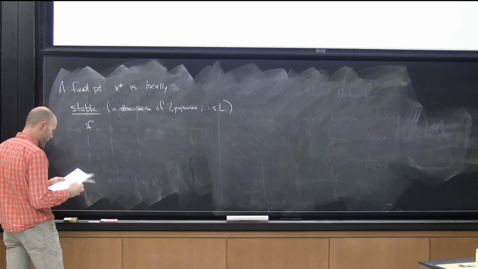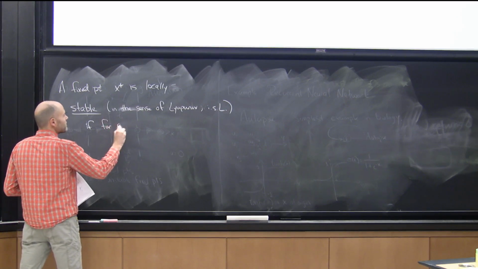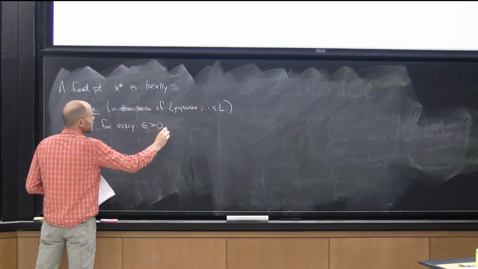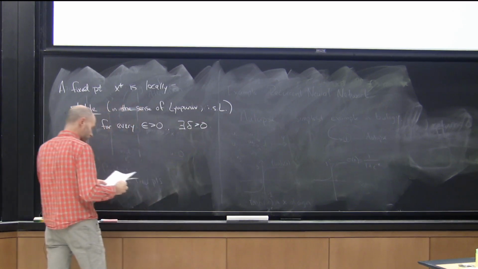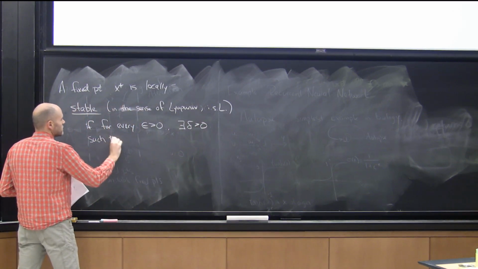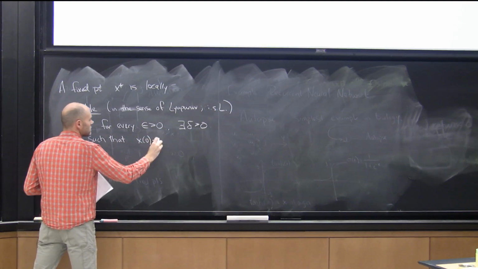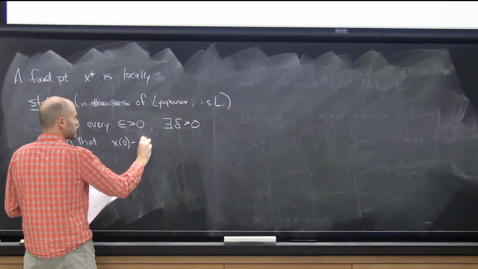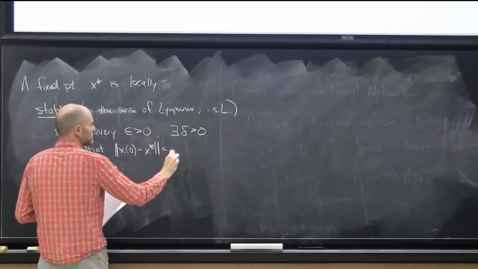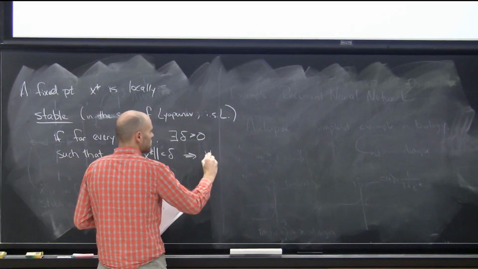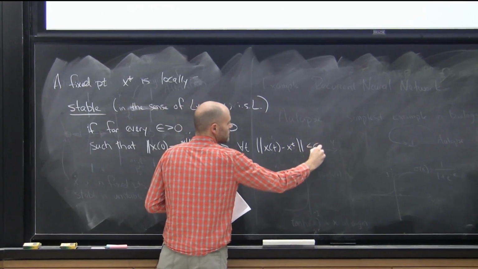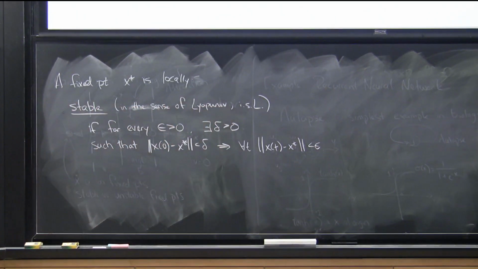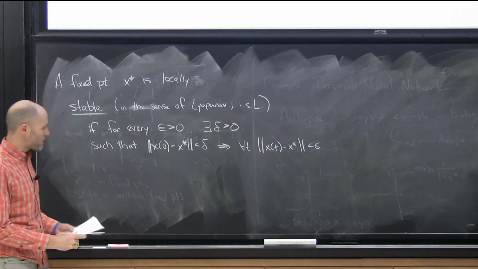If for every epsilon greater than 0 but small, there exists a delta greater than 0 such that ||X0 minus X star|| is less than delta implies for all t, ||x of t minus X star|| is less than epsilon. Sorry to hit you with the most obtuse one first, but I think we can parse it pretty well.